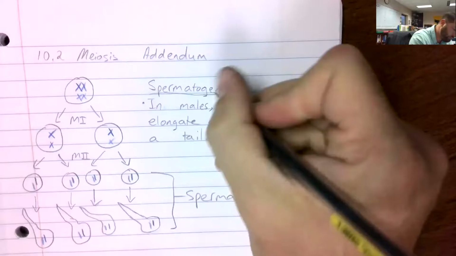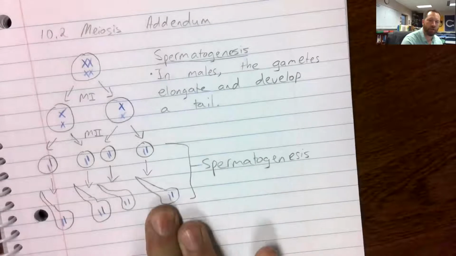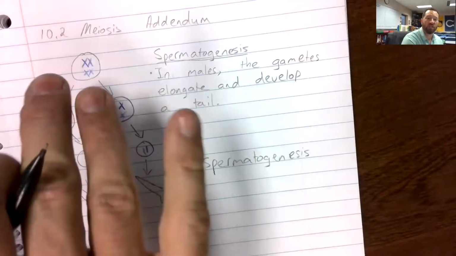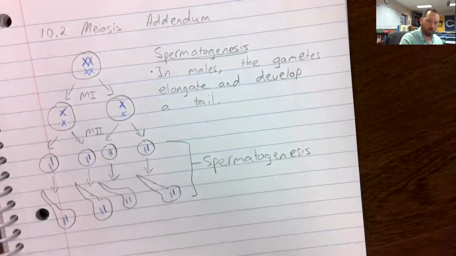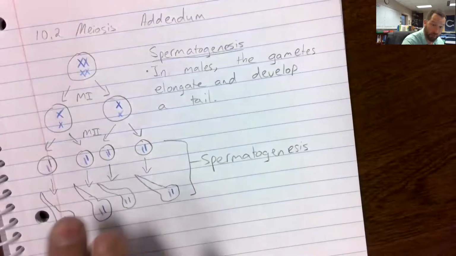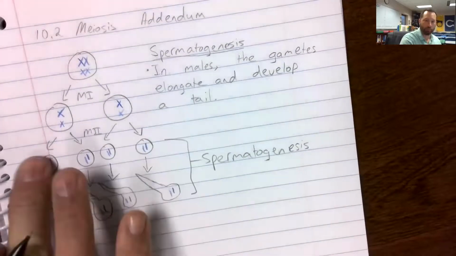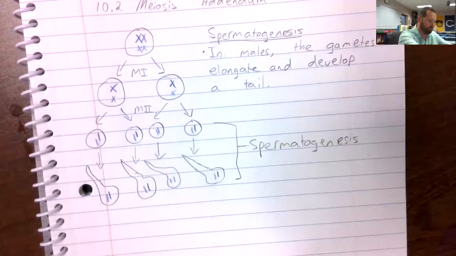E right there. Sorry about that. All right, so this process right here, the meiosis divides the DNA, makes haploid cells, and then the final part is spermatogenesis, where in males, each gamete elongates and grows a tail.